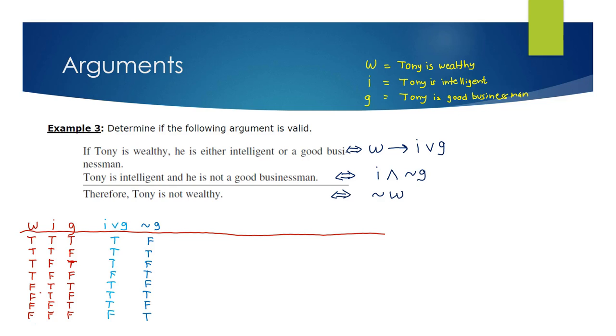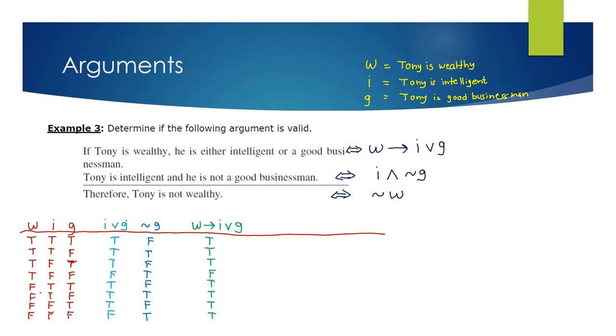So now I can get into creating the truth table for the premises. The first one: if W, then I or G. I'm looking at the first and fourth columns.